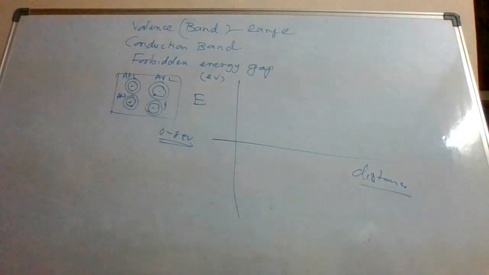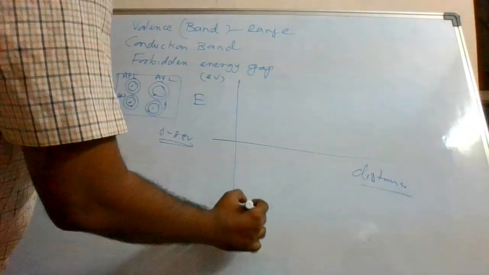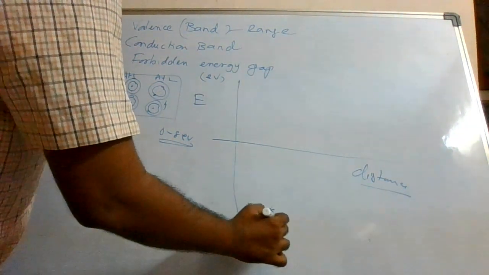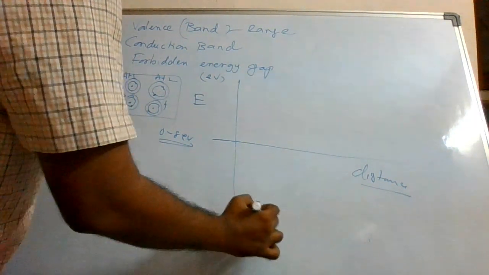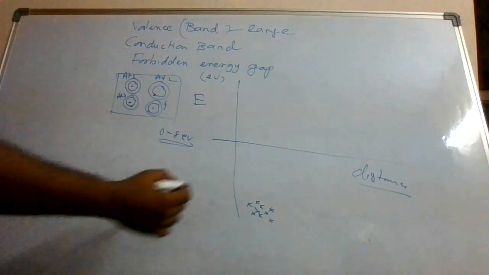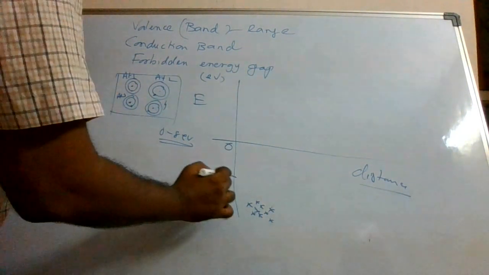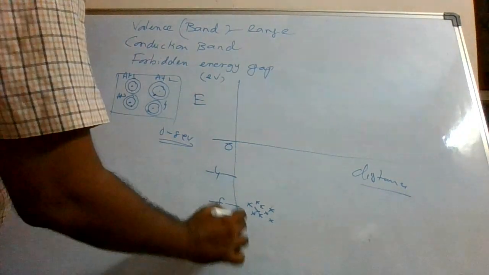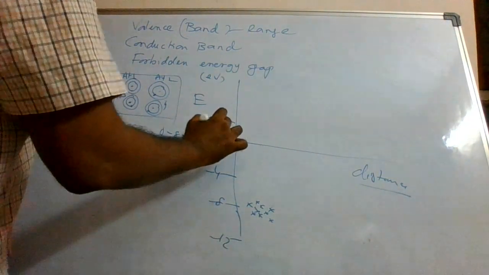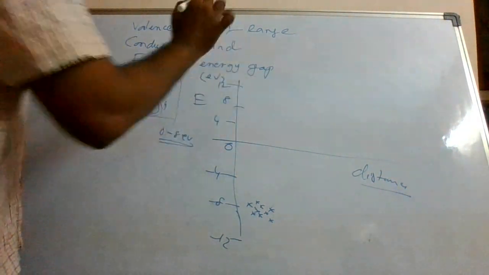Now you pick up all these valence electrons and you calculate and plot their energy levels. You get some values. So this is, let us say, 0, this is -4, this is -8, this is -12, this is +4, this is +8, and so on.